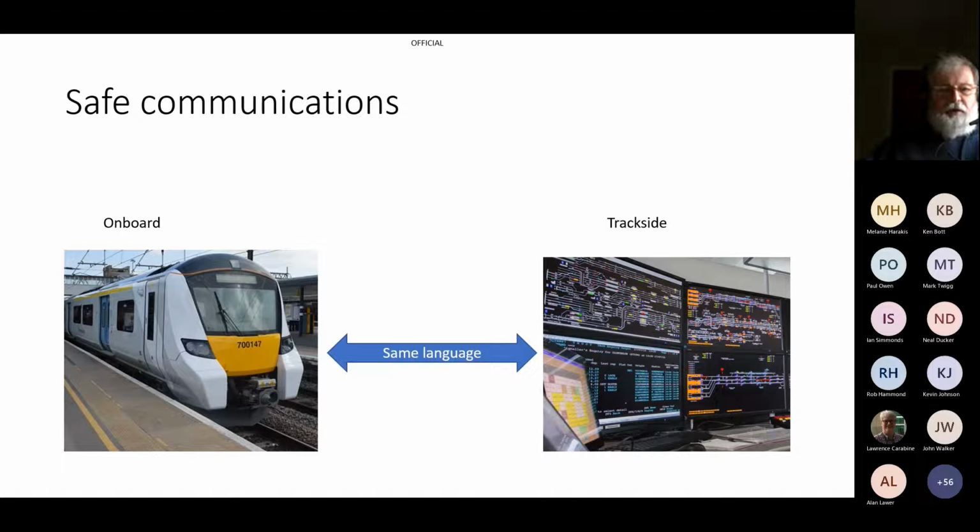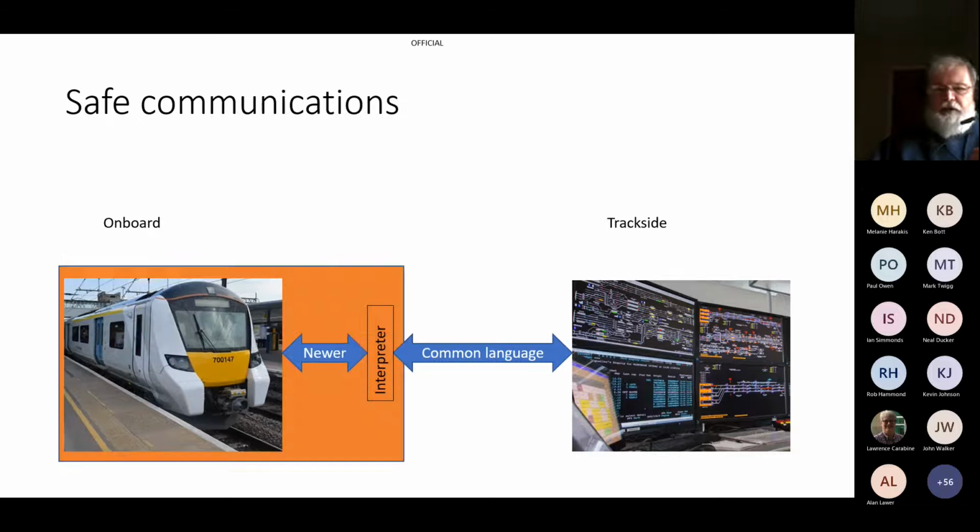If they're not speaking the same language, it can't be safe because someone will be making an assumption and that could be wrong. So that's fine if our trackside and our onboard are built to the same set of specifications. They will then share that common language.